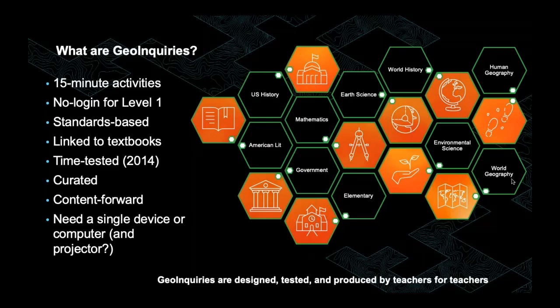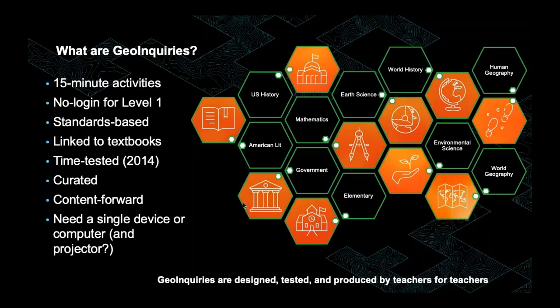So what you should be seeing on screen now is sort of my honeycomb of geo-inquiries. And it's really a densely packed slide, but it's necessary as an overview to get you familiar with some of the possibilities here. So geo-inquiries, there are 10 different collections, and you can tell by the graphic on the right that they are organized by subject area.